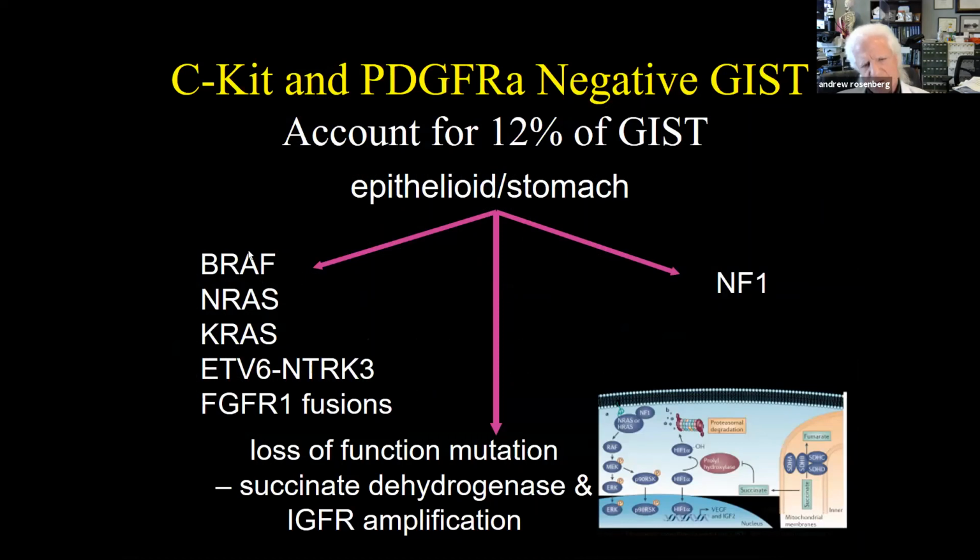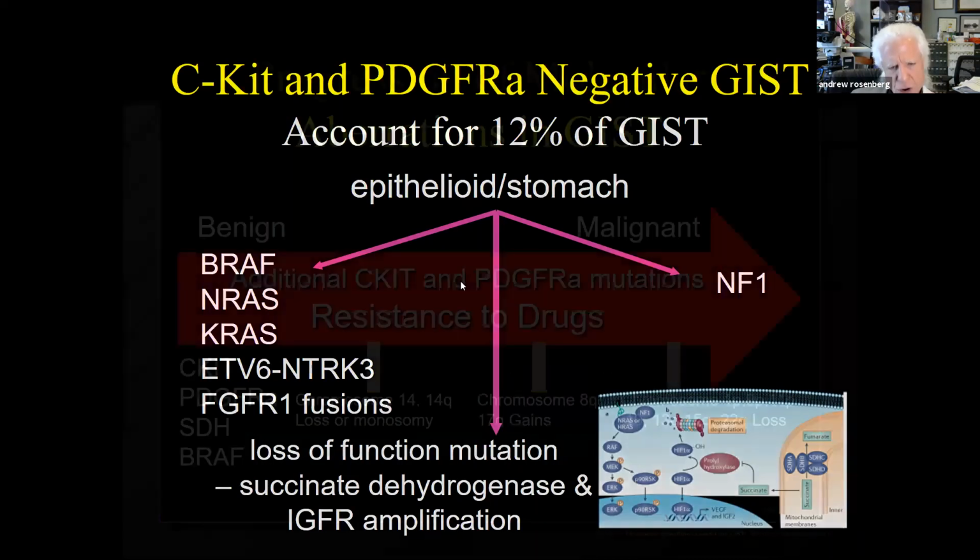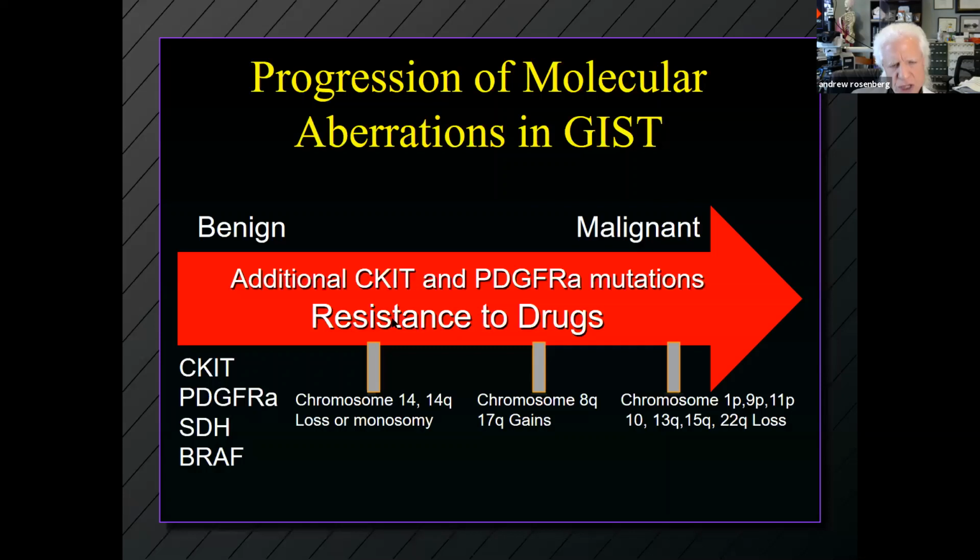Although they account for a small percent of the mutations, they are extremely important in understanding the biology of the disease and providing appropriate cures or attempted cures for the gastrointestinal stromal tumor.